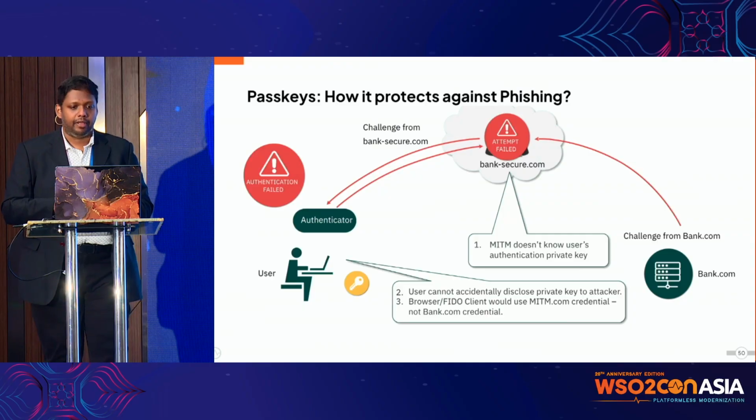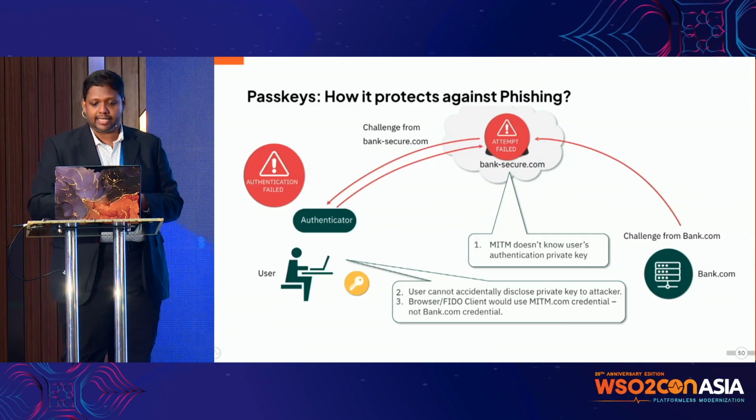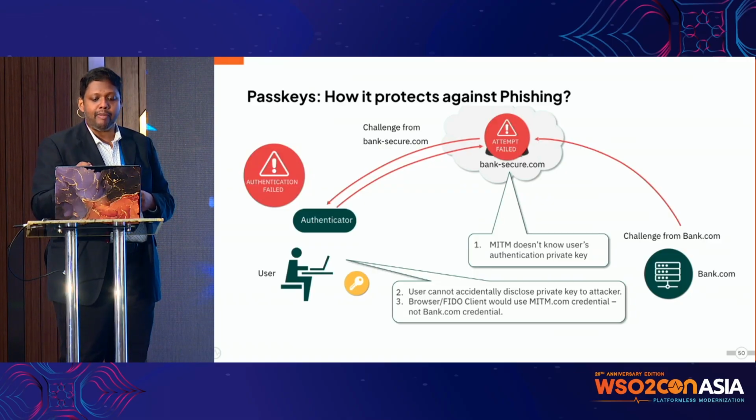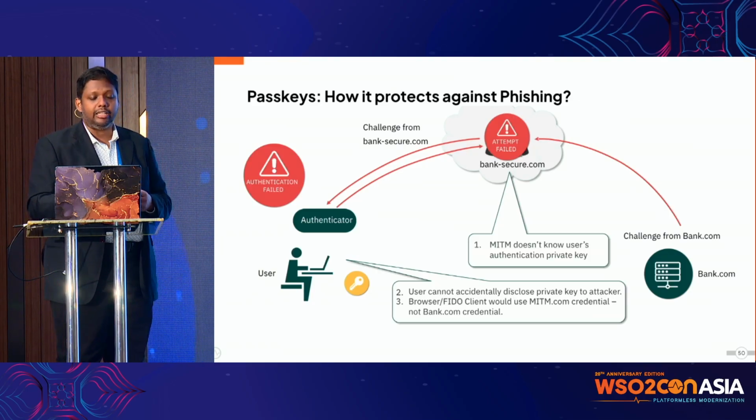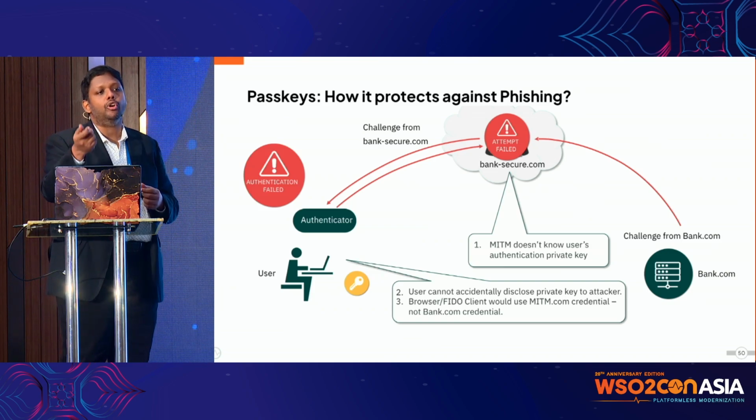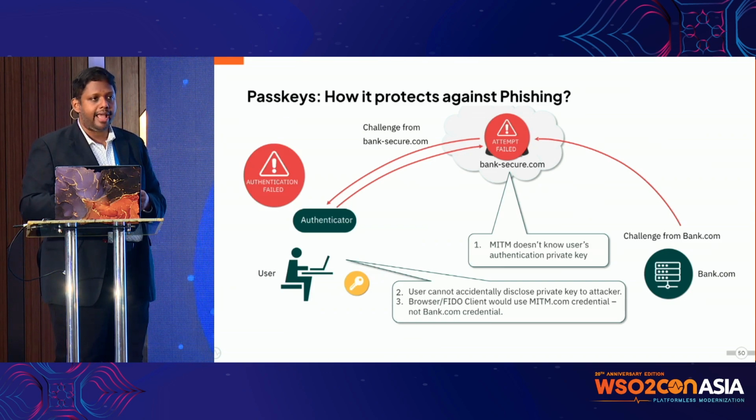However, with FIDO or passkeys, as I said, the key that is established is specific to bank.com, right? So the moment the attacker does a man-in-the-middle attack and exposes bank-secure.com to the user, although the user may not know it, the authenticator is not going to release the private key, because it has registered the private key with bank.com.